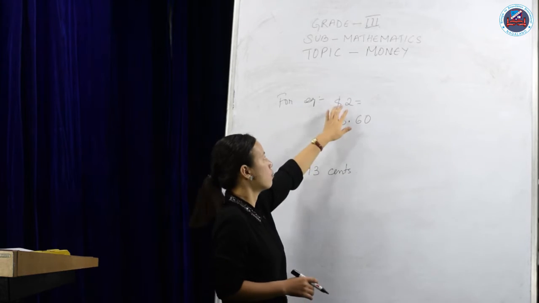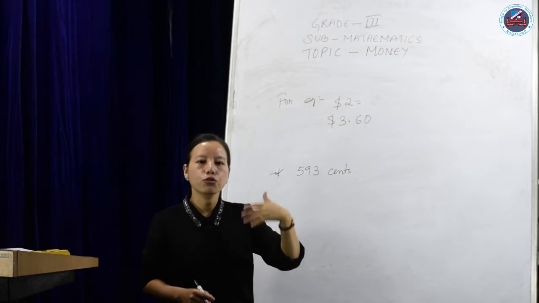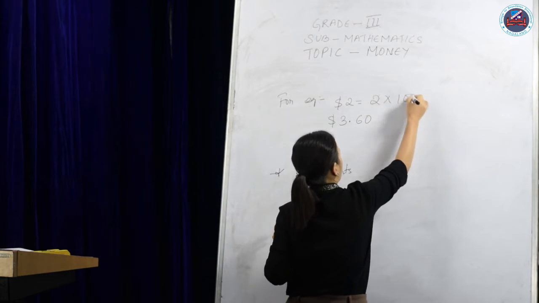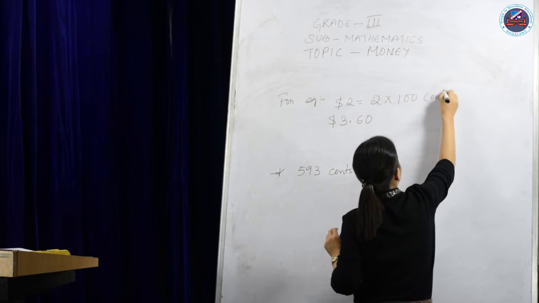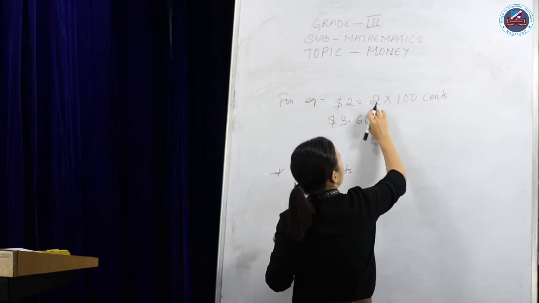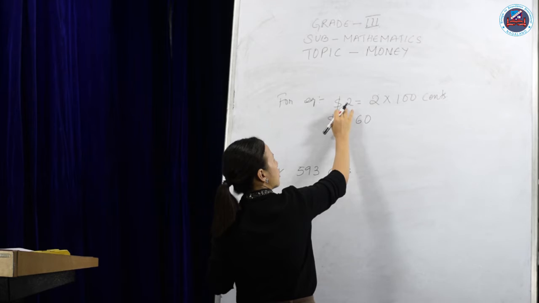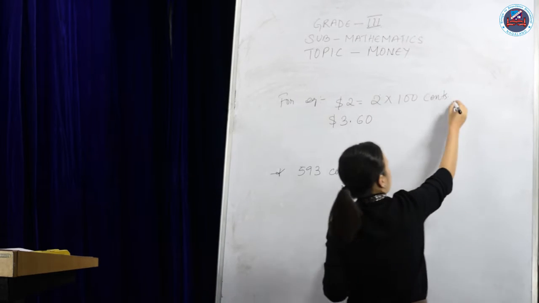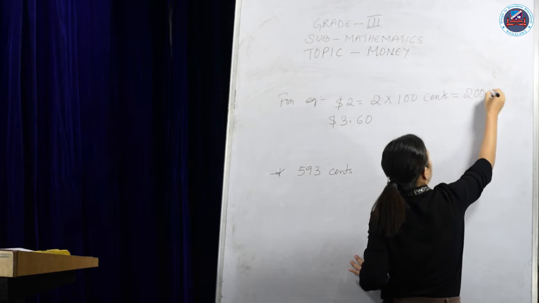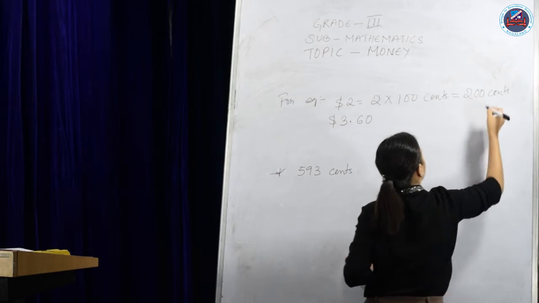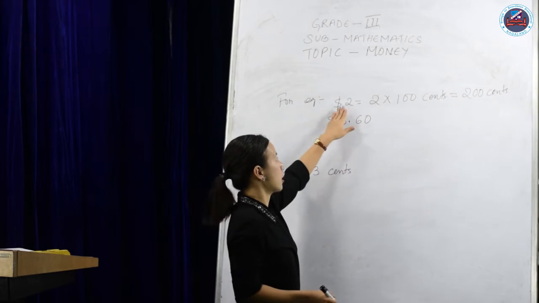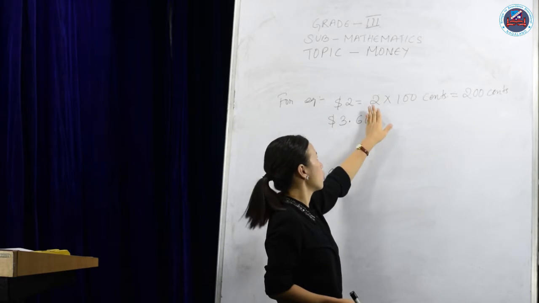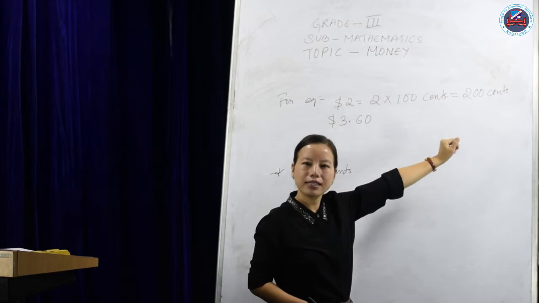When we convert from dollars to cents, we multiply it by 100. That is 2 into 100 cents. So 2 into 100 makes 200 cents. Know that when we are changing from dollars to cents, multiply by 100. So $2 is 200 cents.